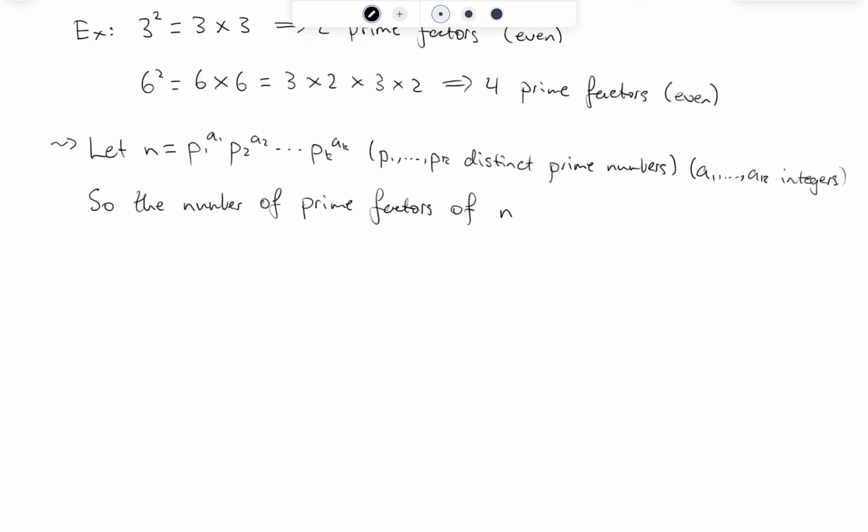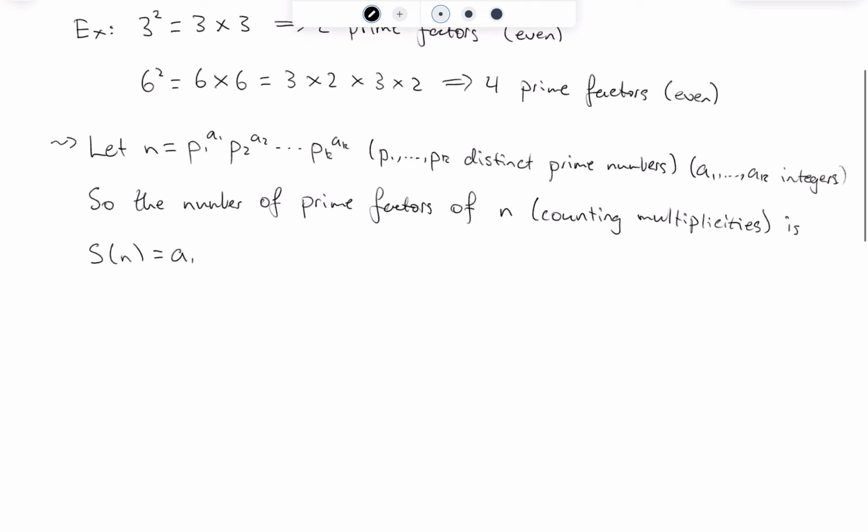The number of prime factors of n, counting multiplicity, we'll define as s of the integer n we're looking at. So the number of prime factors of n is s of n, which is a1 plus dot dot dot plus ak. You just sum the powers.